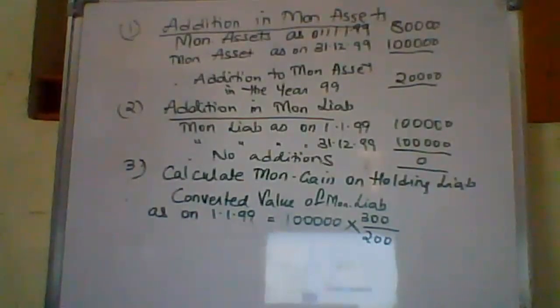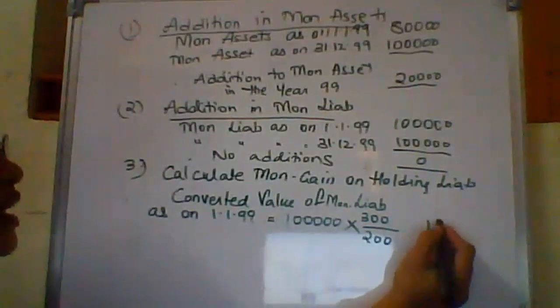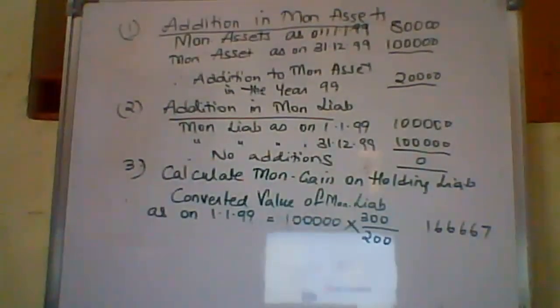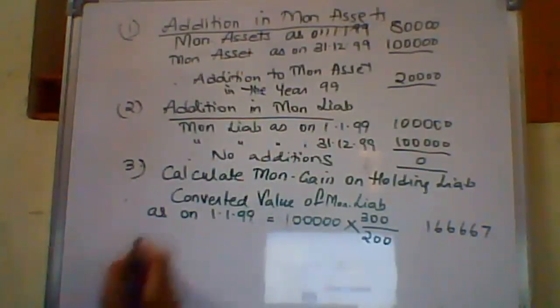So 1 lakh into 300 divided by 200, I would get 1,66,667 as my converted value of monetary liability.